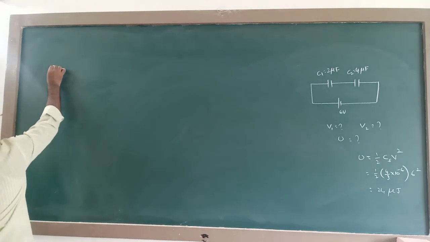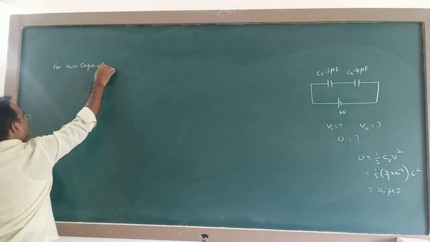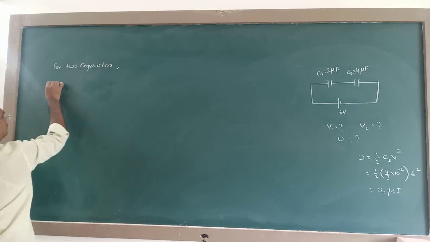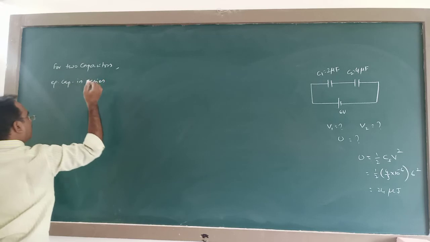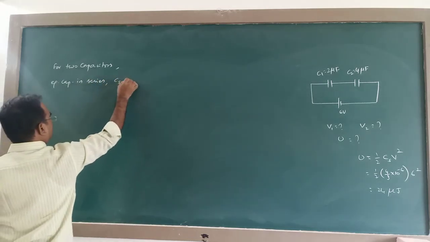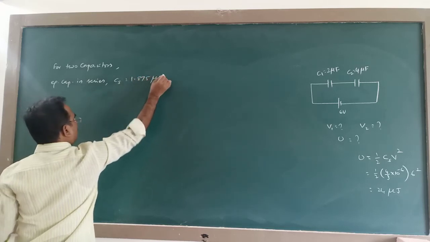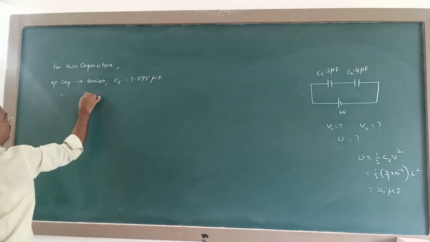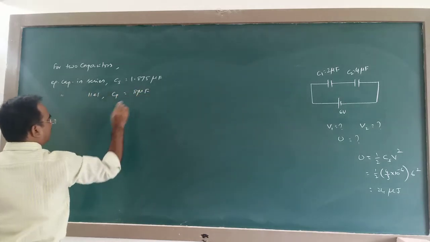So for two capacitors, equivalent capacitance in series 1.875 microfarad, equivalent capacitance in parallel 8 microfarad.